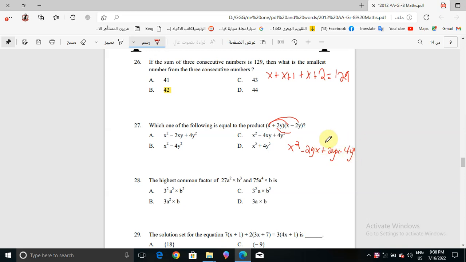So that means we'll cancel 2yx with 2yx, then x squared minus 4y squared is the correct answer. So that means choice B is the correct one. Okay, now let's go for question number 28.